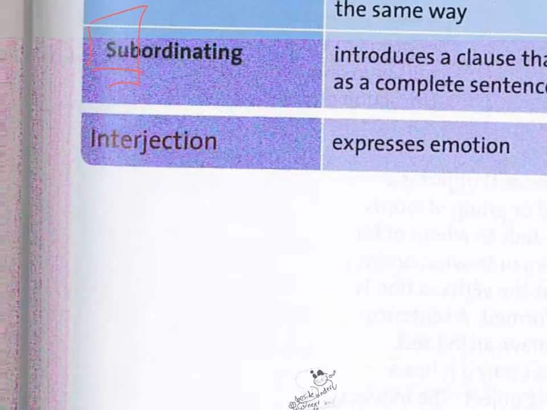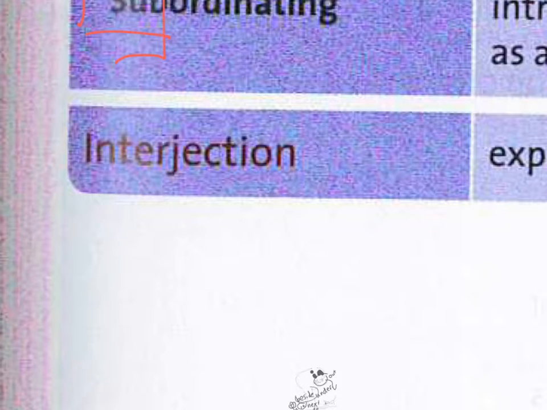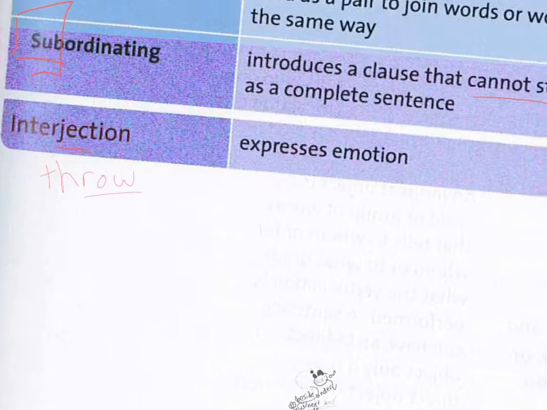on more information. And the last kind of part of speech is called an interjection. Interjection. The root word ject means like to throw. So if you just throw something out there, that's an interjection.